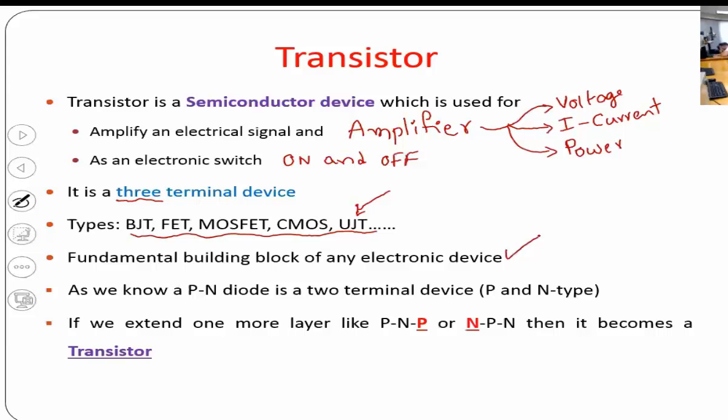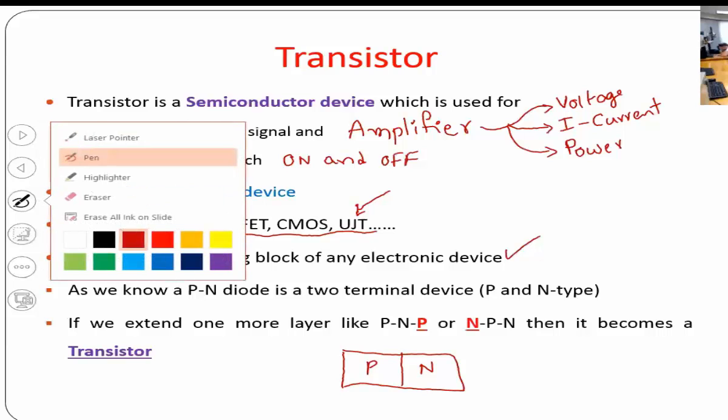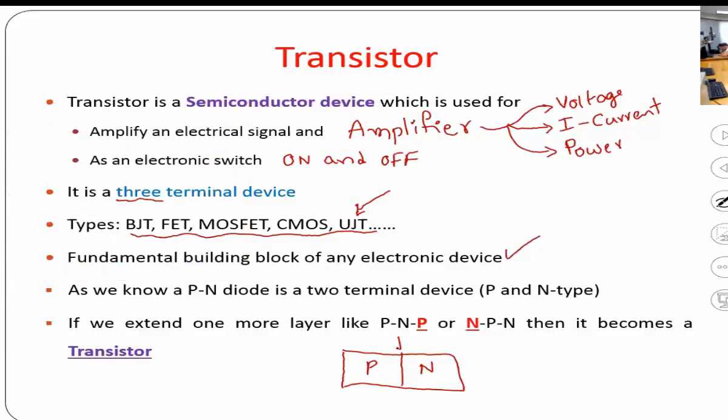So how is a transistor going to be formed? We know what a diode is. If you take a diode, remember the diode has two terminals, correct, anode and cathode. But how many junctions does a diode have? Diode has only one junction. Let's say this junction is J1.